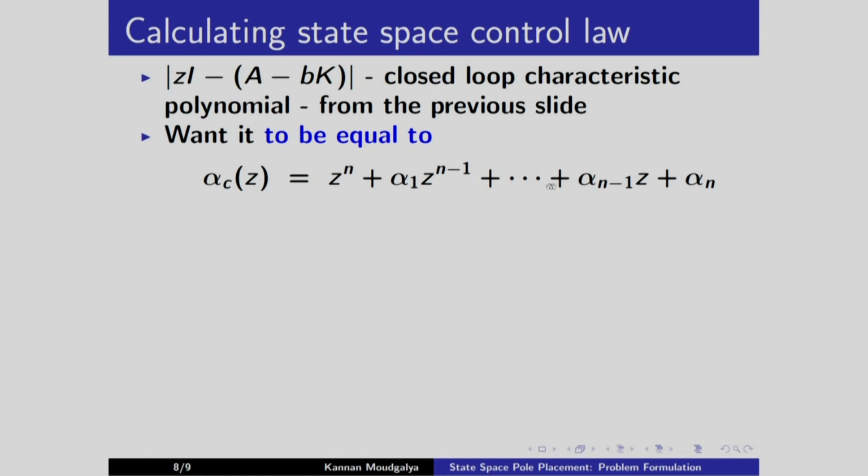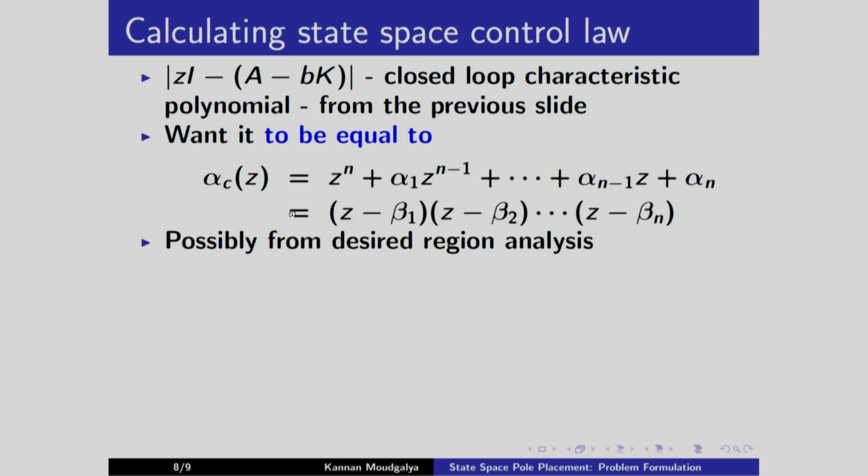The coefficients alpha 1, alpha 2 and so on up to alpha n decide this polynomial. You can also factor this through these n factors, we could possibly arrive at this polynomial through the desired region analysis that we discussed in the first part of this course.